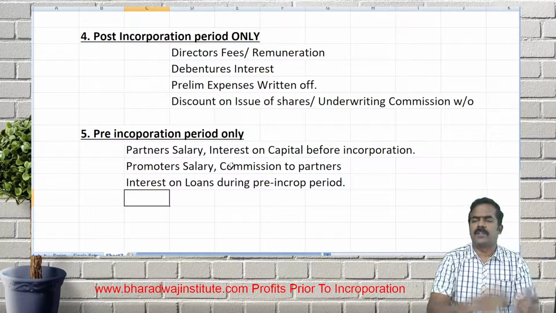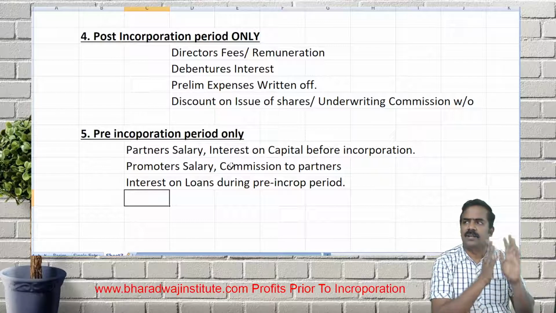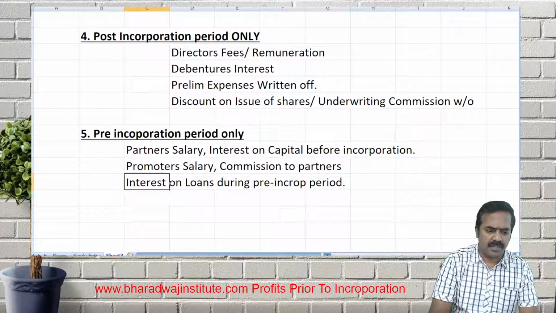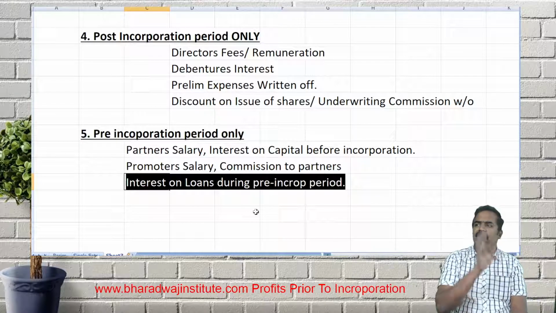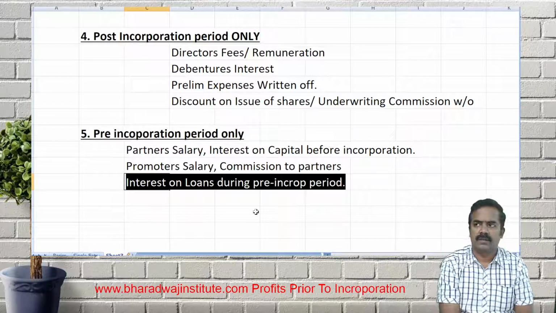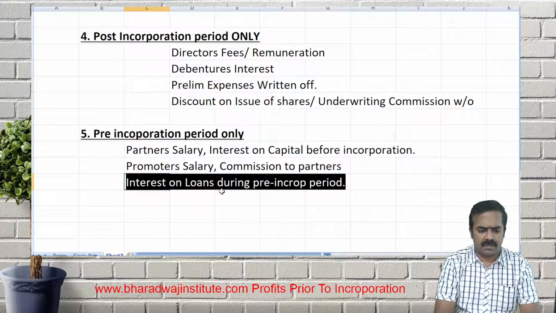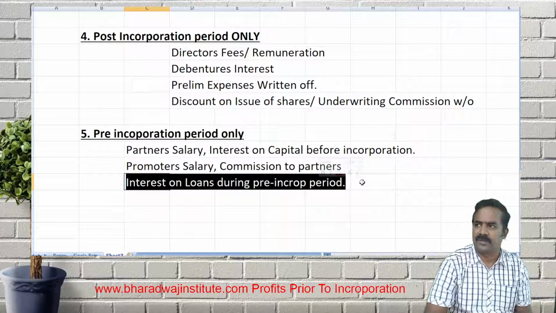For example, there may have been a bank loan which would have existed only during the pre-incorporation period. That will be charged only for the first 3 or 4 months. Interest on partners' loan, all types of loans.